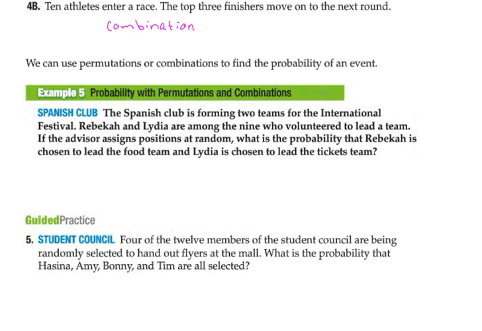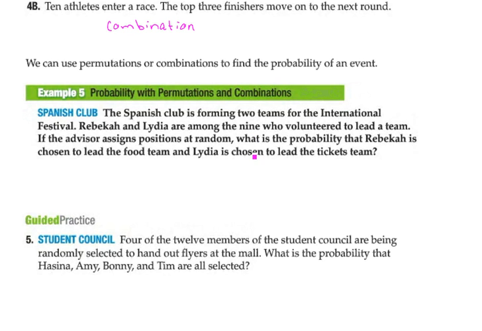It says a Spanish club is forming 2 teams for the International Festival. Rebecca and Lydia are among the 9 who volunteered to lead a team. If the advisor assigns positions at random, what is the probability that Rebecca is chosen to lead the food team and Lydia is chosen to lead the tickets team? We're forming 2 teams and taking 2 out of those 9.